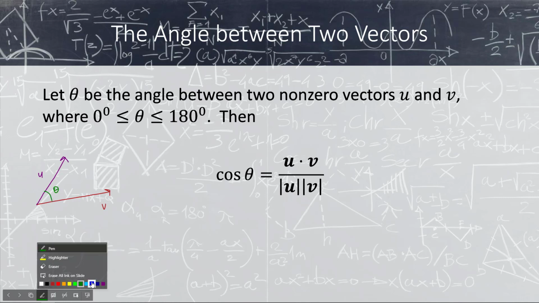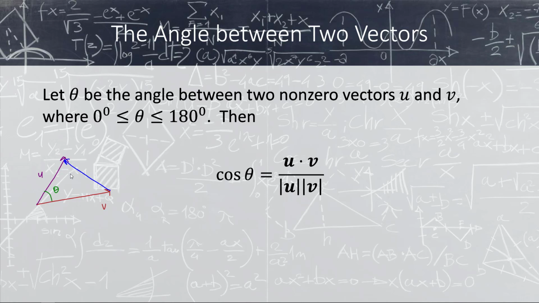Well, the difference between these two vectors is going to be the vector in this particular direction. And this is the vector u minus v. So here are the geometrical representations for the vectors u, v, and u minus v. Now, algebraically, we can describe u as having components a for the horizontal component and b for the vertical component.